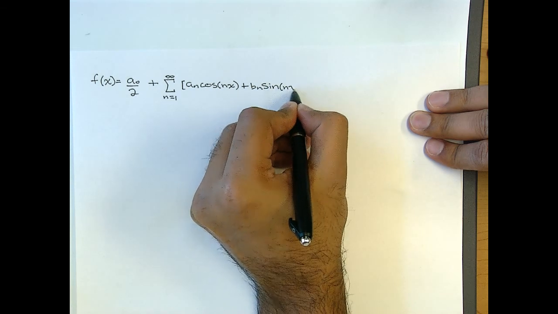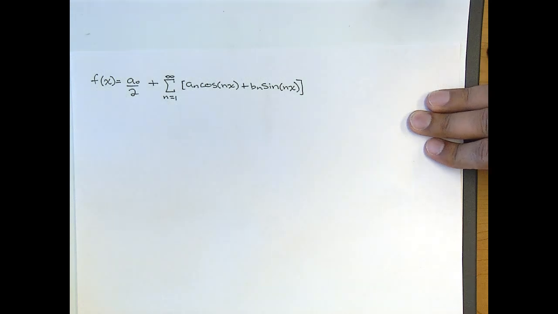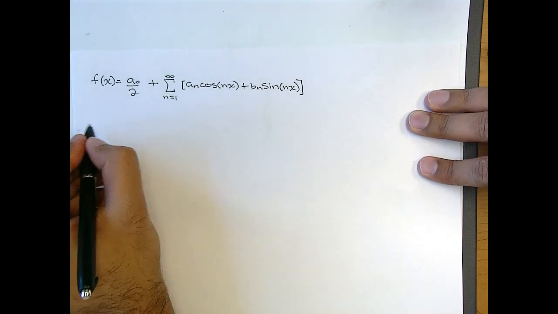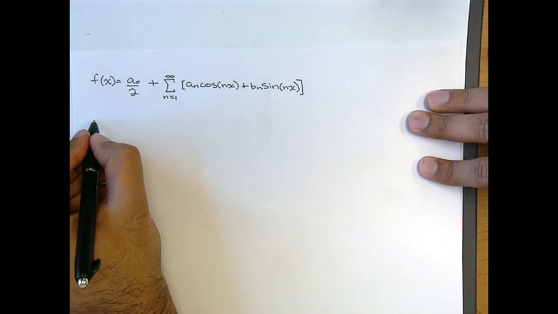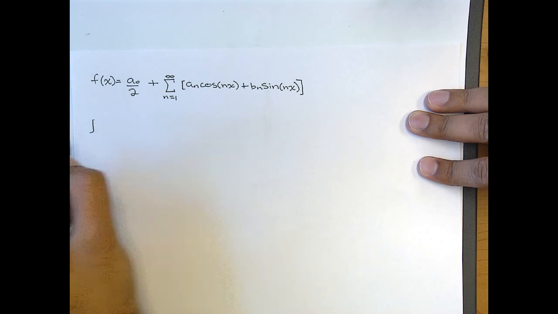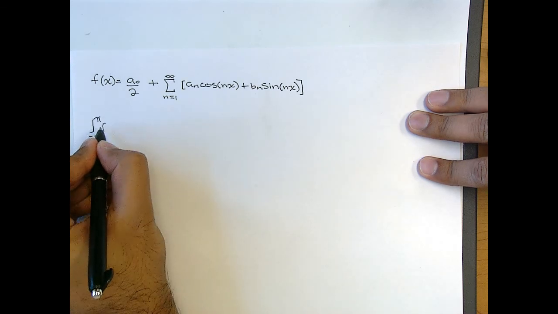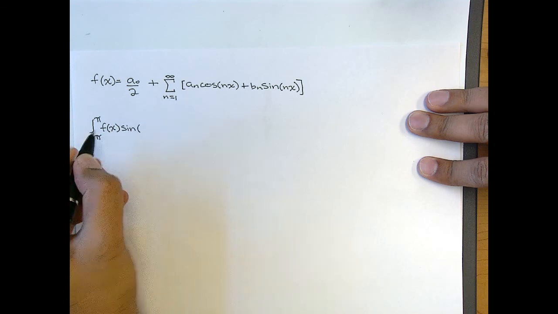This time I will take my Fourier series, multiply both sides by the sine of mx, and integrate from negative pi to pi. So on the left hand side, what I will get is the integral from negative pi to pi of f of x sine of mx dx.